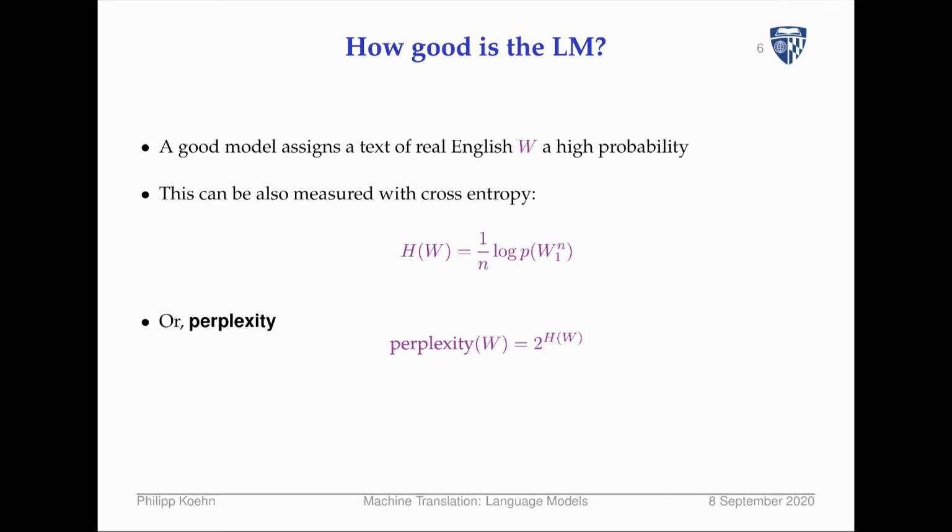So this is our general idea. A good model assigns a text of real English W a high probability. You could also say a good model assigns a text of jumbled English a low probability, but that's a bit harder to measure because where do you get jumbled English from? But you can get a lot of real English very easily. That's where you got the original training data from.